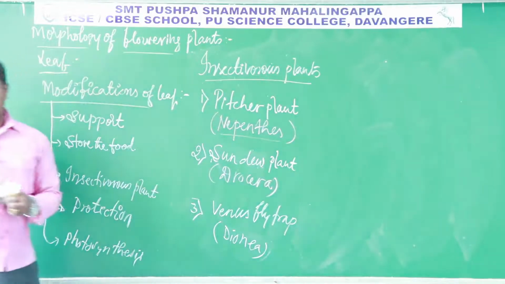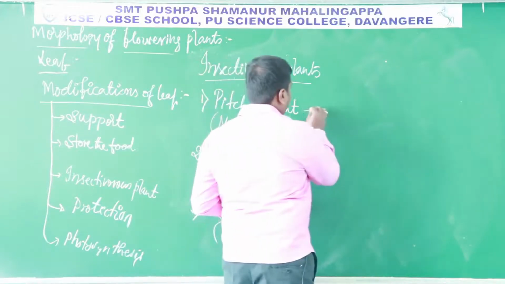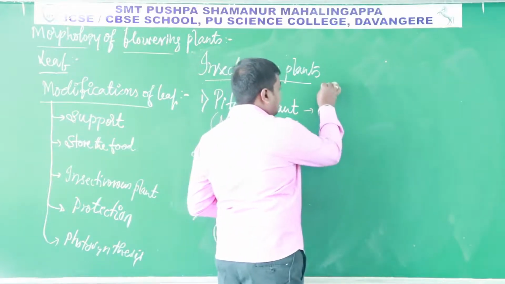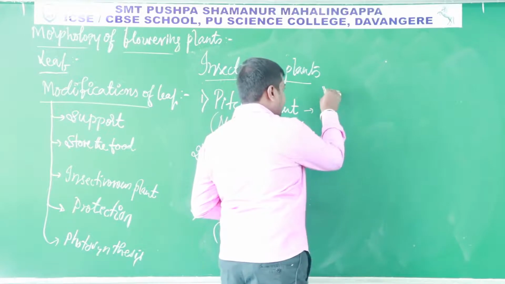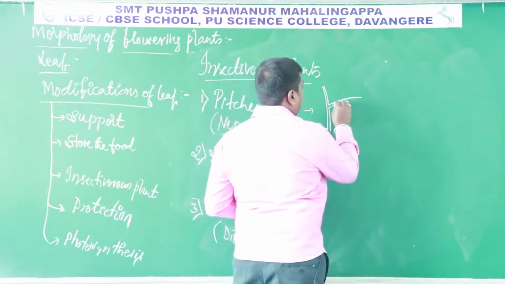Okay, so let's discuss the pitcher plant first. So in a pitcher plant, it produces the normal leaf actually with a long petiole.